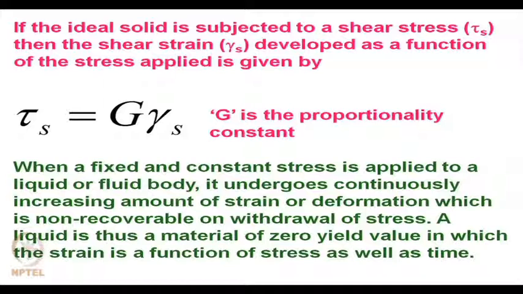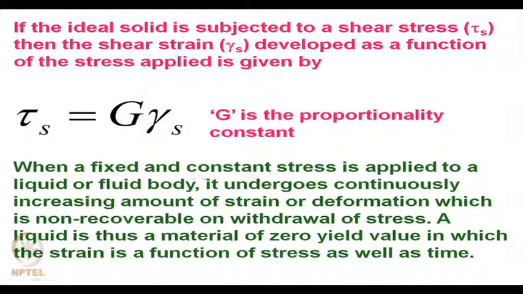That kind of deformation is known as shear deformation, and the kind of load or stress applied on that body is known as shear stress. So, this shear stress and shear strain are proportional, and the proportionality constant is G, shear modulus or the modulus of rigidity.